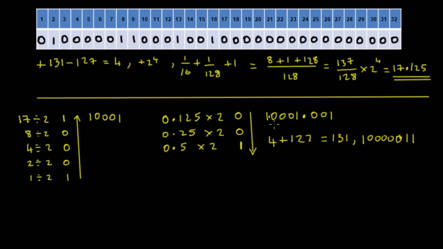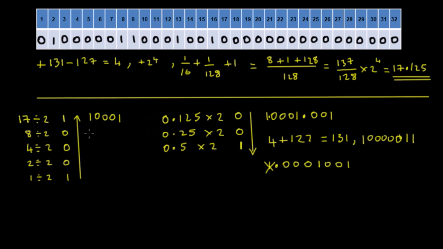Now to get the mantissa, we take the new value here, which is 1.0001001, and we get rid of the first one. So that goes, and it's just left us with 0001001. So let's put the values in.